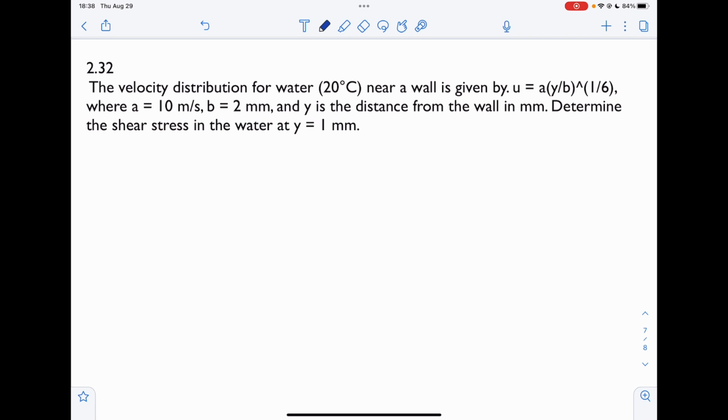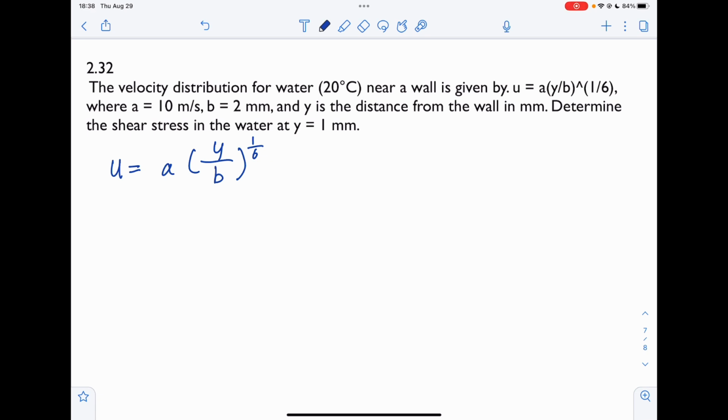Now let's look at problem 4, which is 2.32. It gives us an equation for the velocity distribution, which is u equals A times (y over B) to the power of 1 over 6.